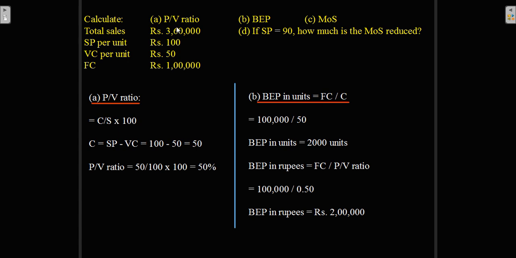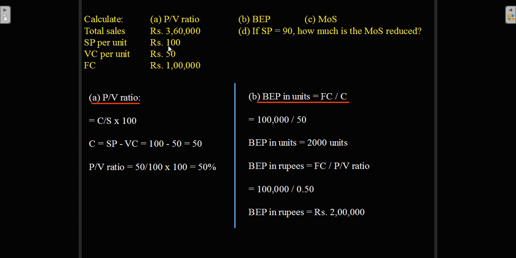They have asked us to find PV ratio, break-even point, margin of safety, and if the selling price goes down by 10 rupees and becomes 90 rupees, how much is the margin of safety reducing?